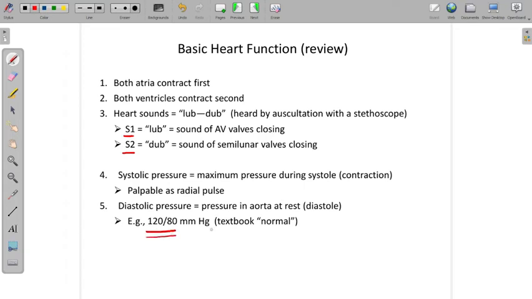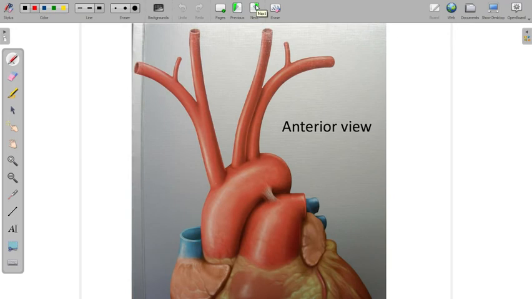And the units are millimeters of mercury. So, enough of that. And we will be starting, going to the head. We will start in the aorta, and then we're going to be looking at these vessels and naming those first.